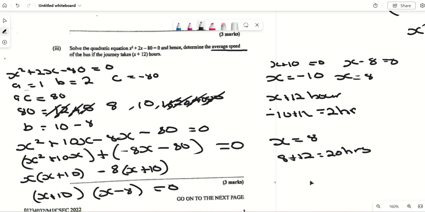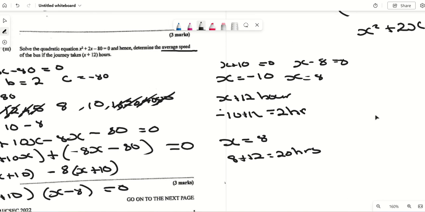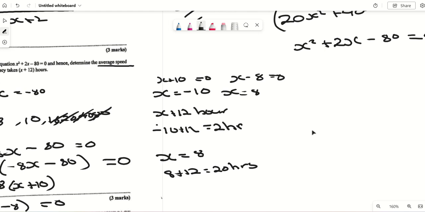But they told you to find your average speed. We already know the distance. The distance in this question was 800 kilometers. So we know that your speed is distance over time, where your distance is 800 and your time could either be 2 hours or 20 hours.